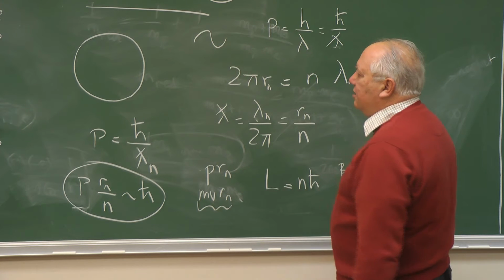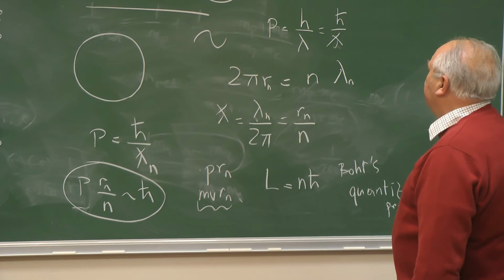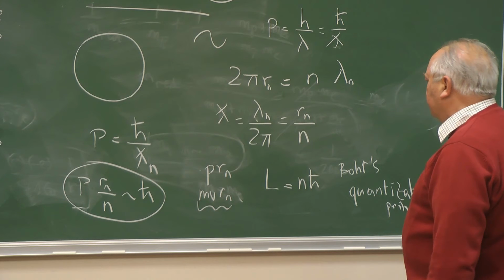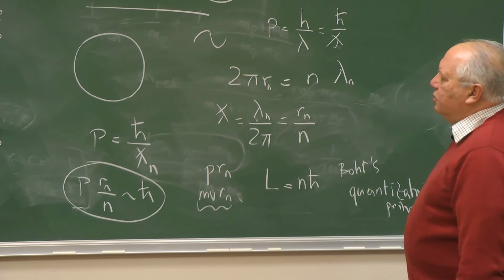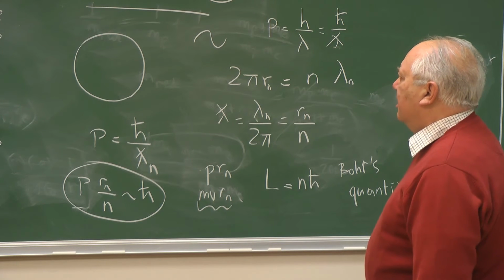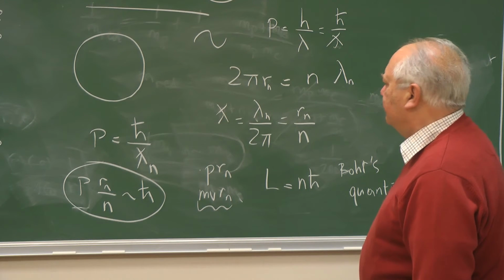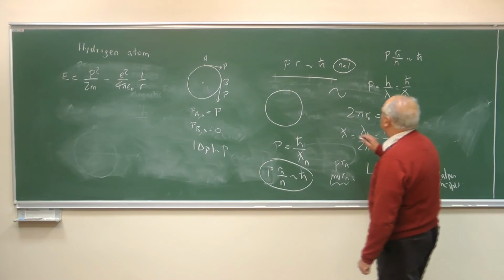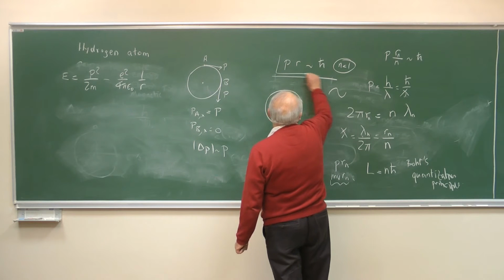So we are basically using the uncertainty principle, de Broglie's hypothesis, and Bohr's quantization principle to have these estimates about the hydrogen atom. So we start with n equals 1.